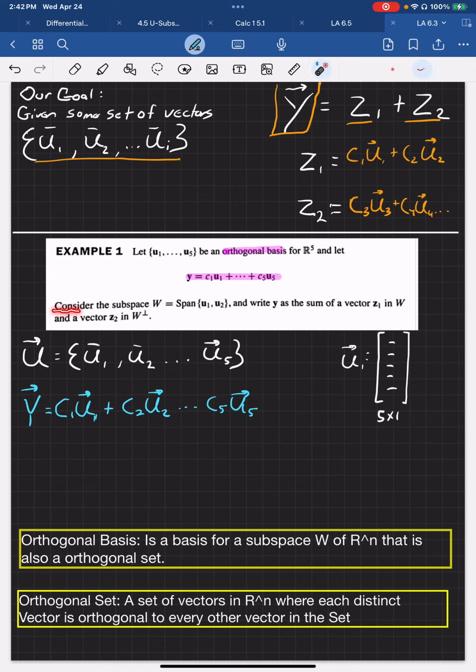Now, our job is to consider some subspace W that is spanned by just the first two vectors in the set U.